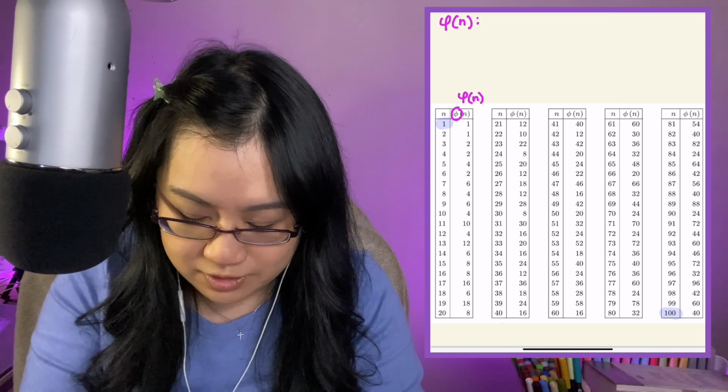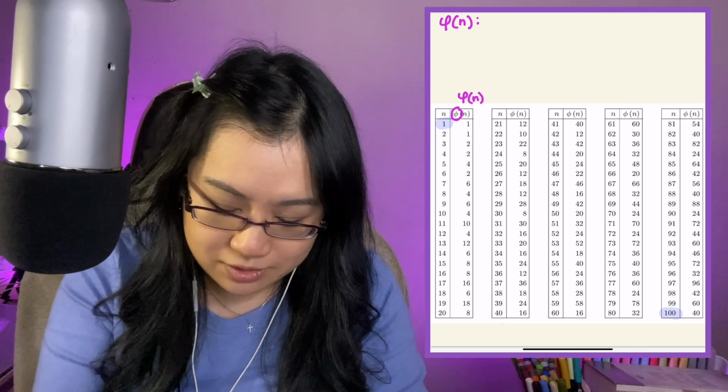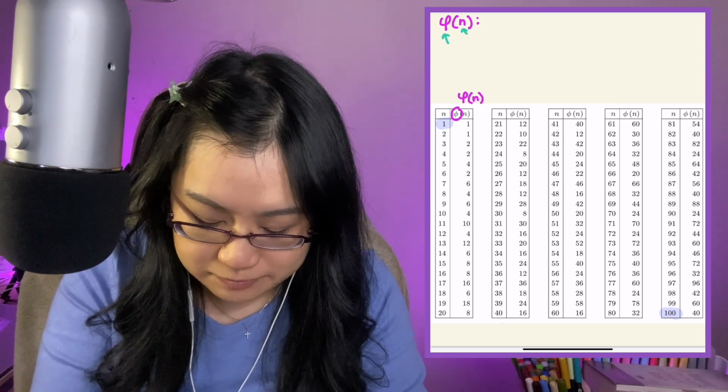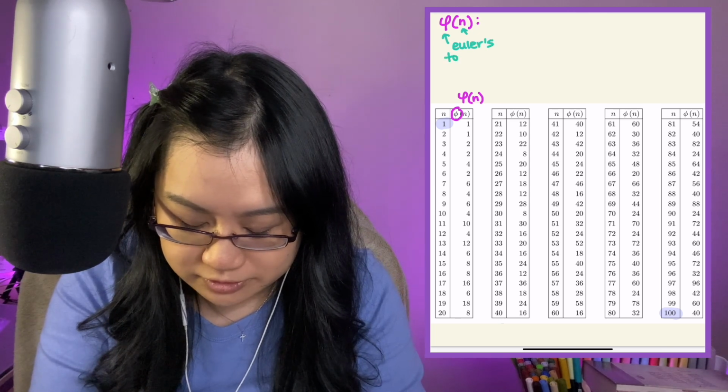So remember, a function takes in an input. In this case, n is going to be a positive whole number. So it's an integer, a positive integer. So 1, 2, 3, 4, 5, dot, dot, dot. So that's our input n. And this is, like we said, Euler's totient function.